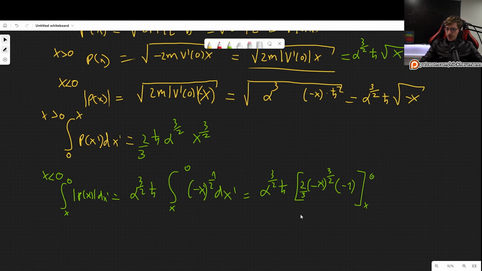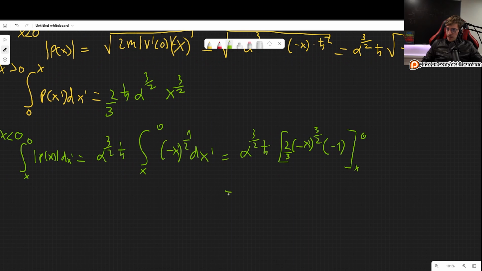At 0, of course, the result will be 0, but at x, it will not. So this minus cancels out from the minus from integrating in the second limit. So we get minus minus, which is of course plus, alpha to the 3/2 h bar, and then we get 2/3, and then minus x to the 3/2.